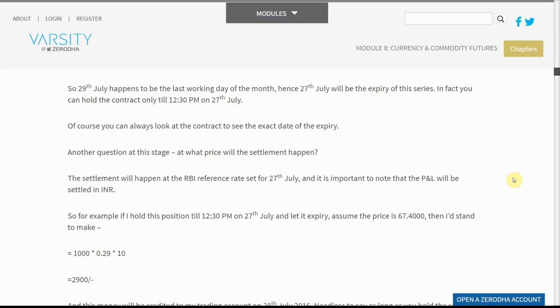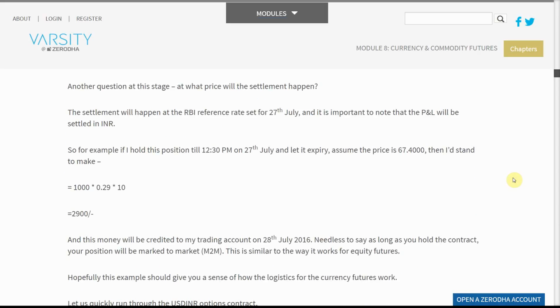Of course, you can always look at the contract to see the exact date of the expiry. Another question at this stage: at what price will the settlement happen? The settlement will happen at the RBI reference rate set for the 27th of July. And it is important to note that the P&L will be settled in INR.